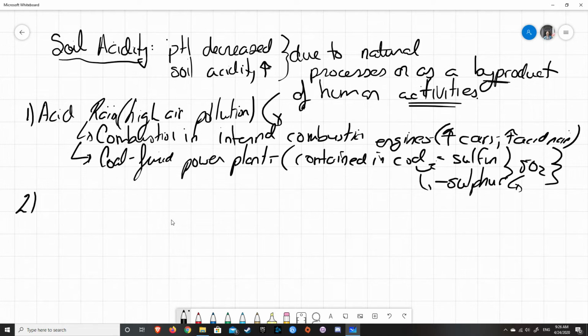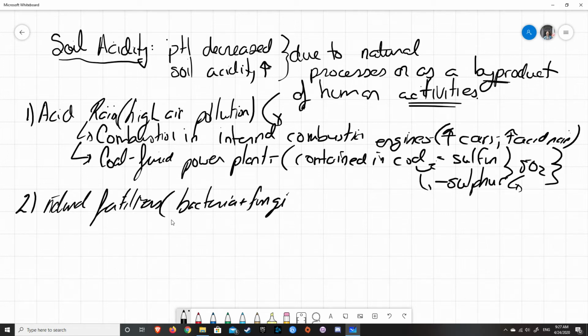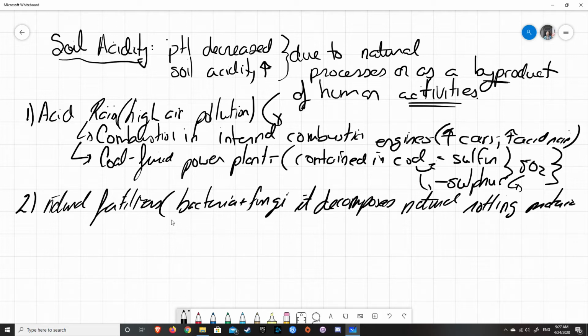Two, and this is from natural fertilizers, because what occurs is that bacteria and fungi decompose natural rotting material, and as a byproduct of this breakdown of natural materials, an acid is produced.